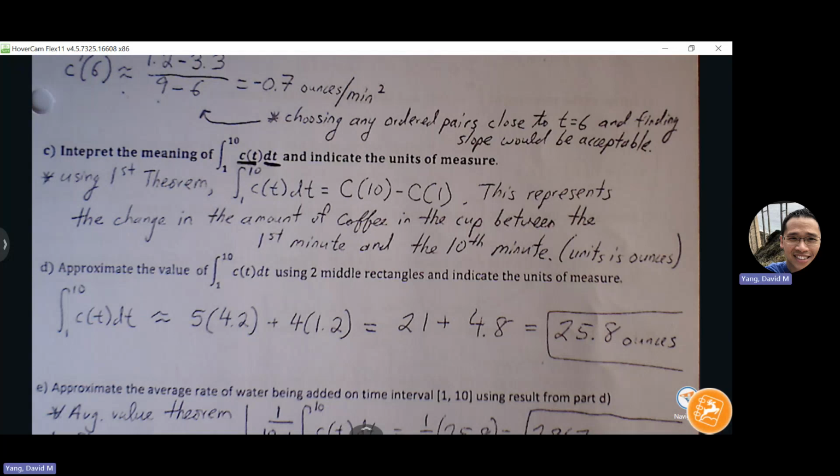So in other words, going back to part C, what this is really telling us is that between the 1st and 10th minute, 25.8 ounces of water has been added to the cup. That's what that's telling us, or approximating that. And then the last part, the average value.